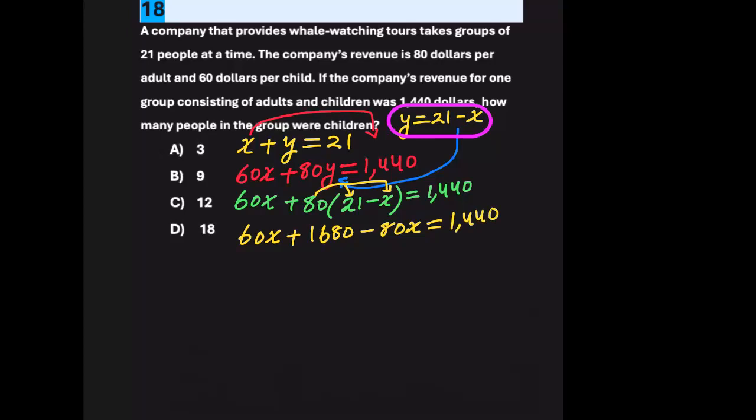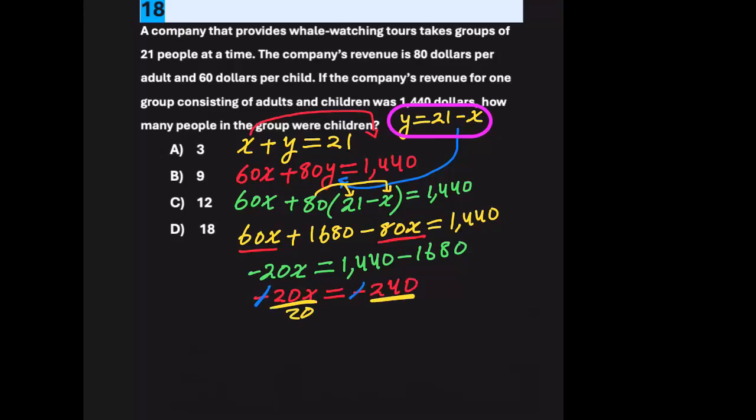We're going to add the like terms, this and this one, and we have negative 20x, and we're going to subtract 1,680 on both sides, and we have 1,440 minus 1,680, negative 20x is equal negative 240. This negative and this negative cancel out. Divided by 20, divided by 20, and x is equal, and the answer is right here.